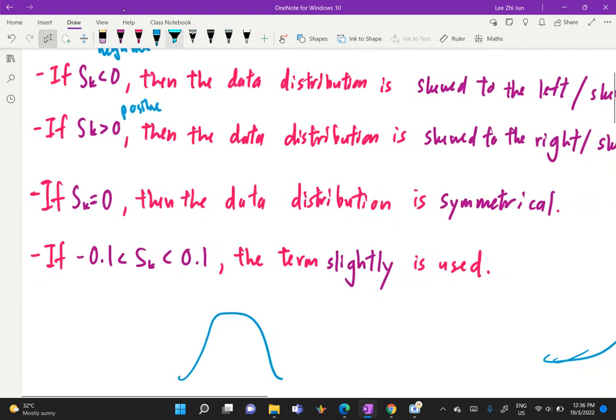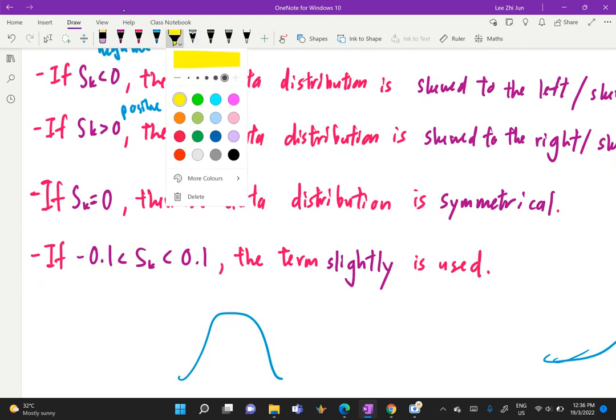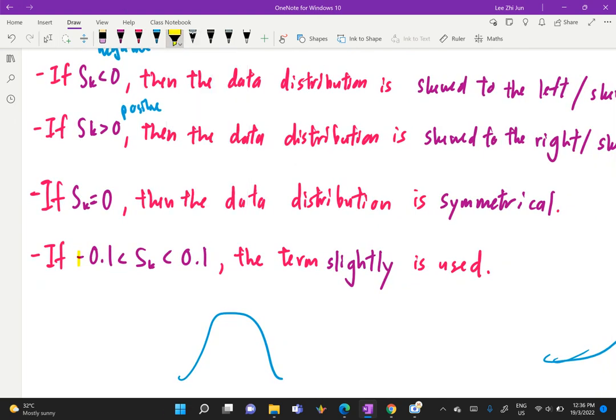And please take note that if your Sk is between negative 0.1 and 0.1, the term slightly is used.